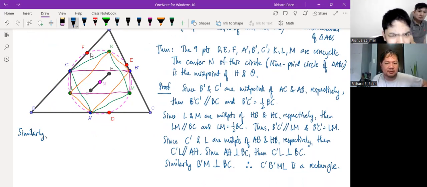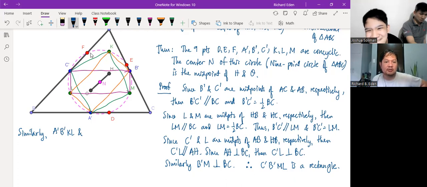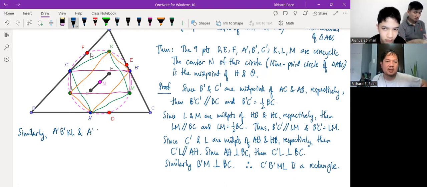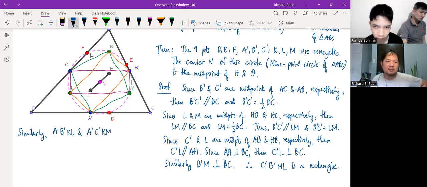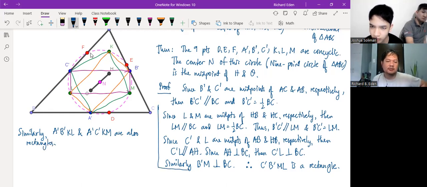So ano naman nung purple, the orange is A prime, B prime, KL. So that's orange. Nung green, green is A prime, C prime, KM, are also rectangles. So after nito, dito tayo nag-continue.